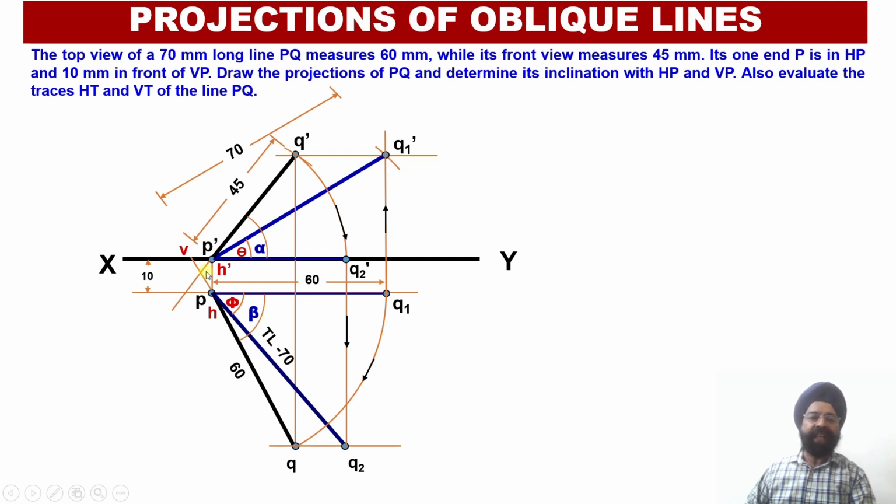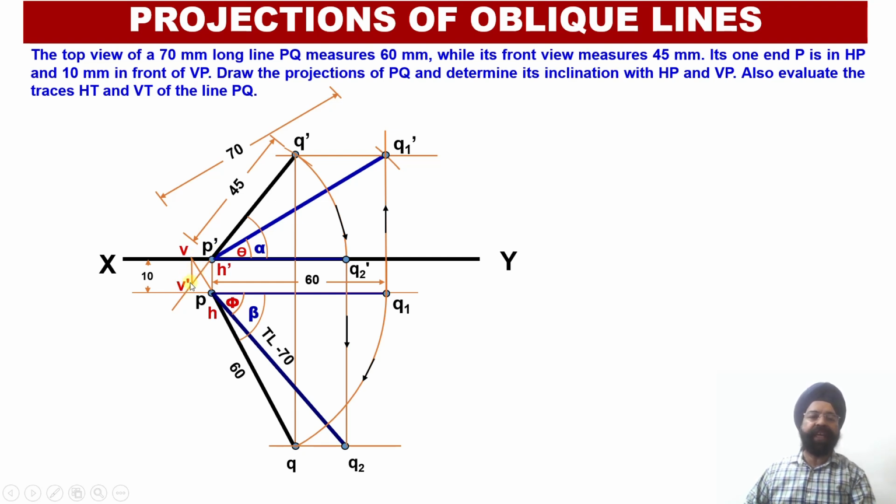Now I will draw the vertical perpendicular from this point V so that it intersects the elevation projection line or its extension. Wherever it intersects the extension of the elevation projection line P dash Q dash, I will obtain the point V dash over here.